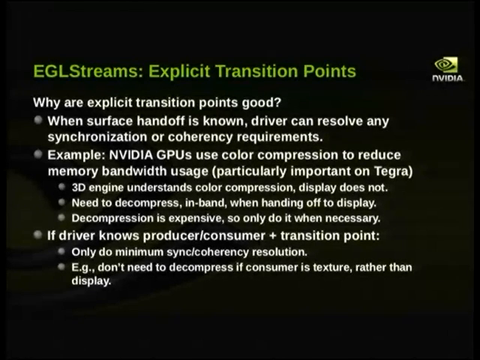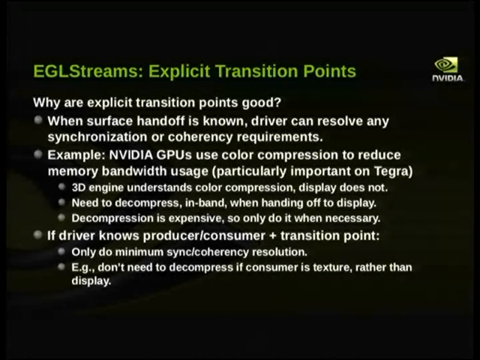One example of this, I'm sure lots of hardware has examples of where explicit transitions would be useful. But with NVIDIA hardware, we have something called color compression, and that reduces memory bandwidth a lot. If it's a solid color, rather than write that solid color to the entire surface, well, it's a complex protocol, but you don't have to write that same pixel value to the entire surface. Our 3D engine knows how to interpret compressed surfaces.